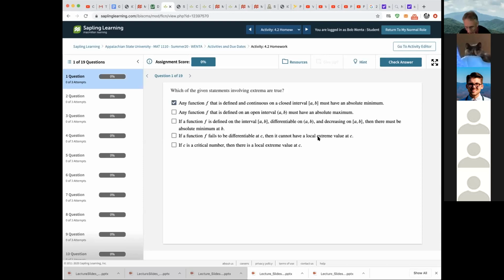Okay, so what are you thinking then? So if it's not differentiable, okay, ask the question again. If you're incapable of differentiating it, like let's say that it doesn't exist, okay, then why would you try to prove that the local extreme value at that C, that value that technically doesn't exist, why would that exist?